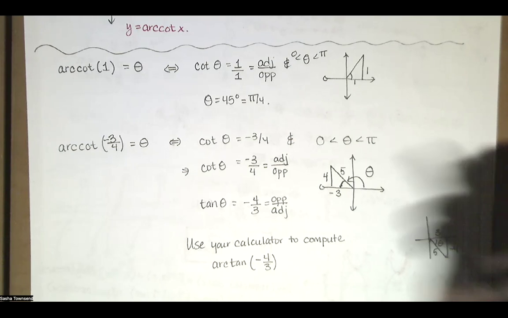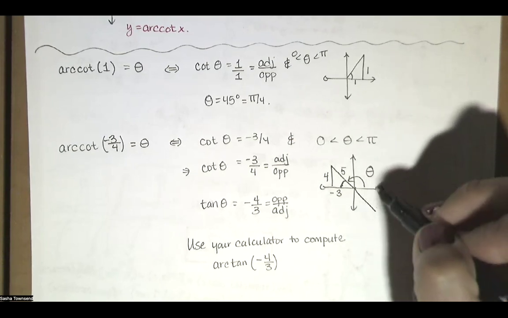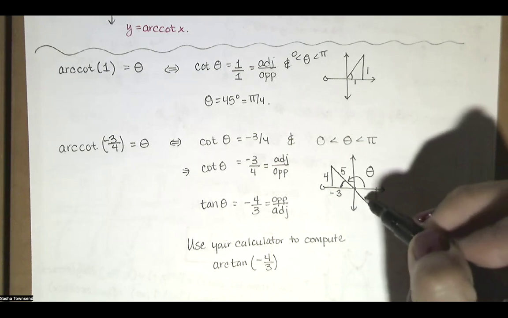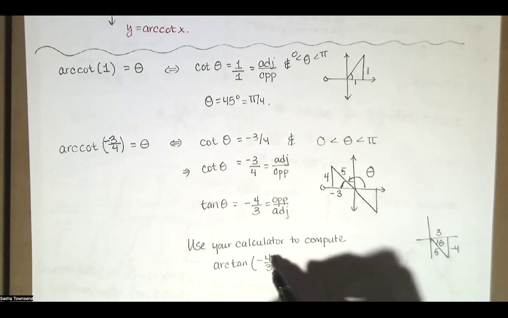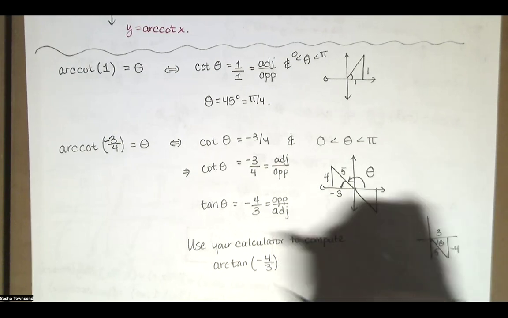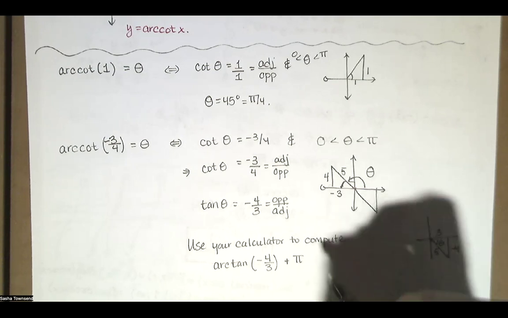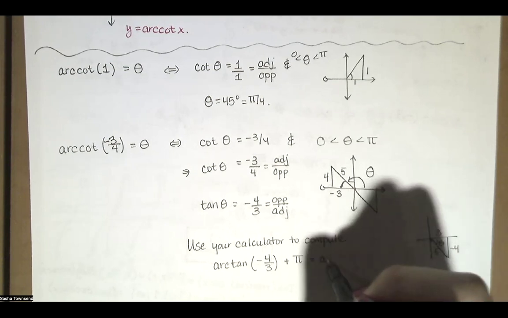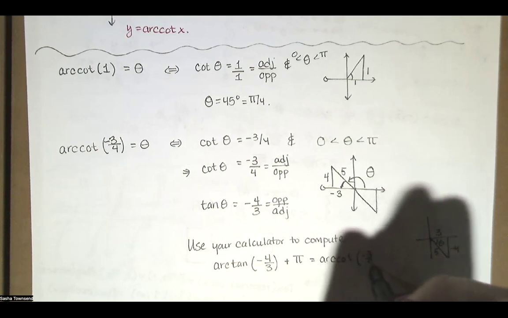What I want is that negative angle plus pi. I want this one over here. I'm not interested in that angle. I want that angle from there to there. So we use our calculator to compute this, and then add pi to get the arc cotangent of negative 3/4.